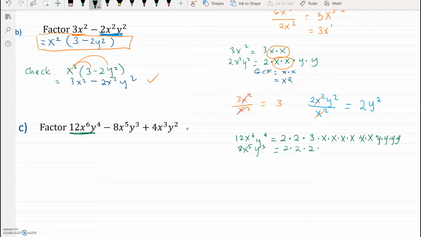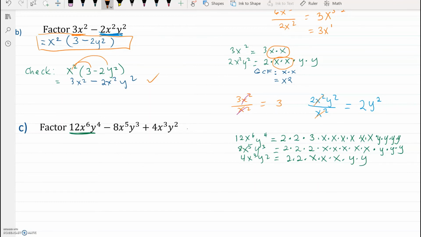And then for x to the 5th, x times x times x times x times x, and then y cubed, y times y times y. And then the third one, 4x cubed y squared, that will be 2 times 2 times x times x times x, and then times y times y.